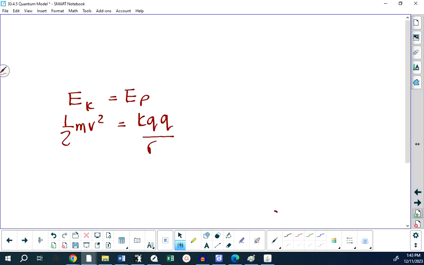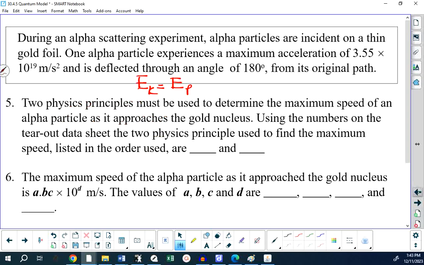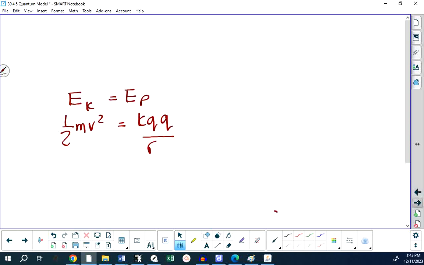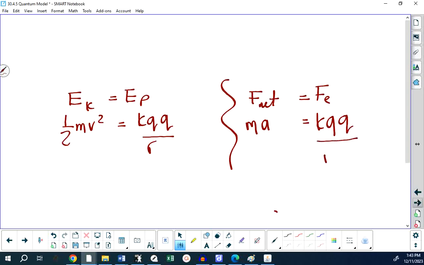And you were told the maximum acceleration, which means you can calculate the maximum force, which occurs at the closest approach. So not only can we use this, we can use F net equals Fe, and this is ma equals kqq over r squared.